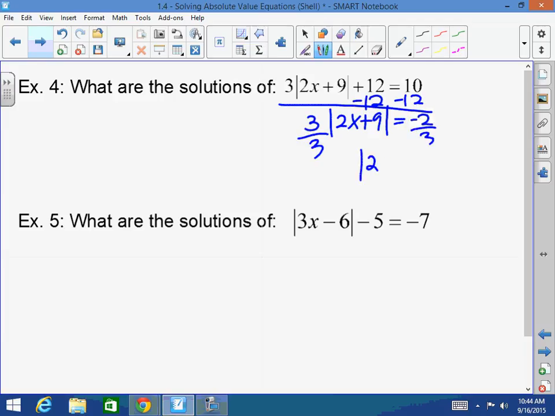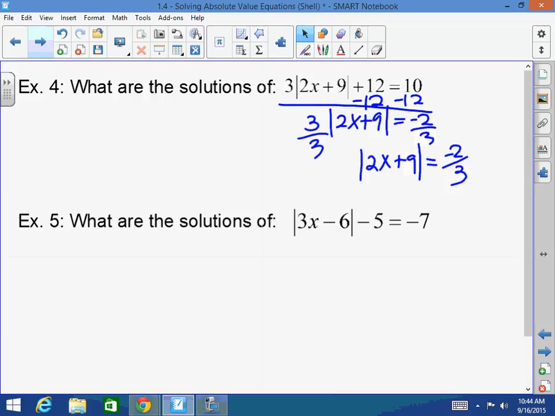So I've got the absolute value of 2x plus 9 equals negative 2 thirds. Does anyone see something that's a little fishy here? Think about the definition of absolute value. Look at what that absolute value equals.